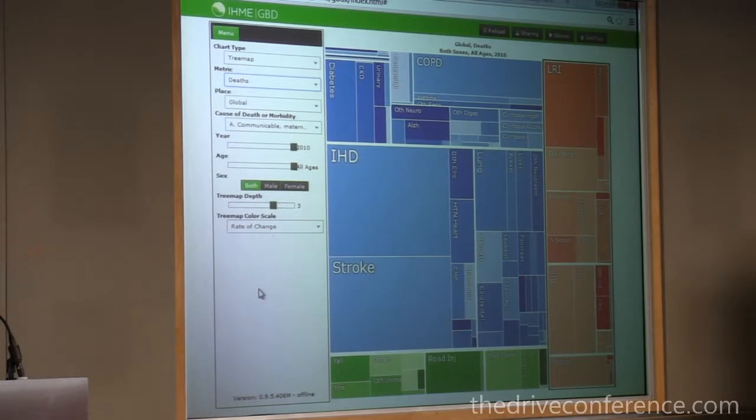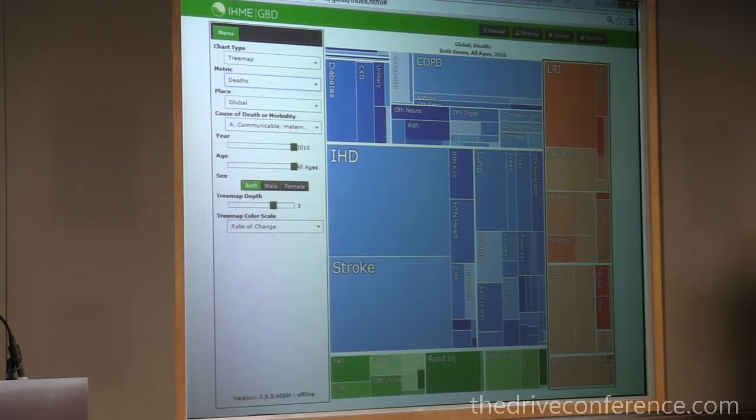Low respiratory infection is the big one, diarrhea. Preterm, this little box there with sepsis and others, is neonatal diseases, and HIV. And then the green boxes at the bottom are injuries. So basically, in terms of deaths, the majority globally is driven by non-communicable diseases.